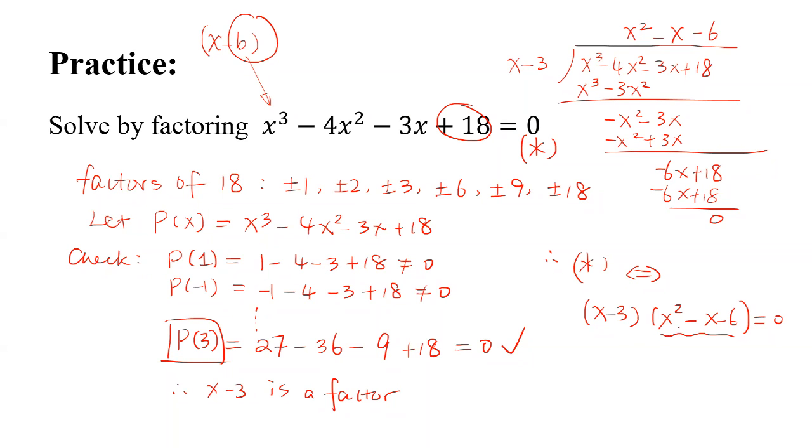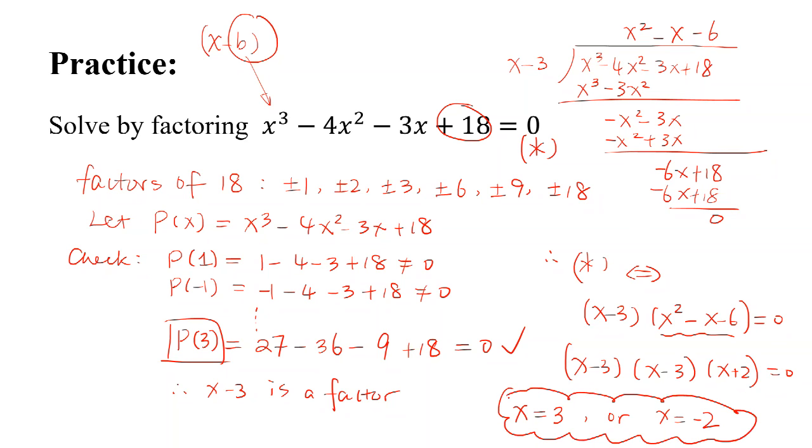And apparently the latter part can be further factored to (x minus 3)(x plus 2), right? Okay, so now you can see one of the solutions is x equals 3. The other solution is x equals minus 2, right? This is our final solution.